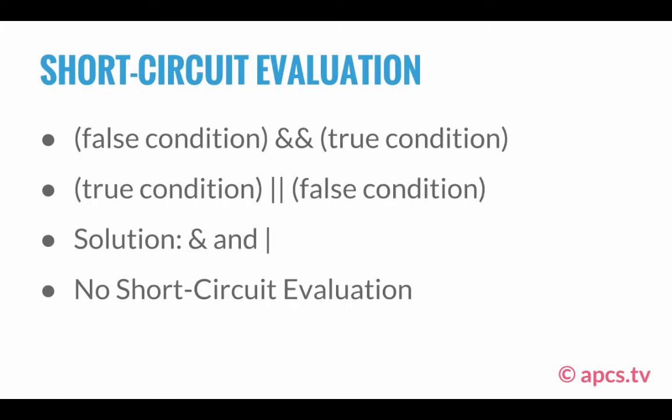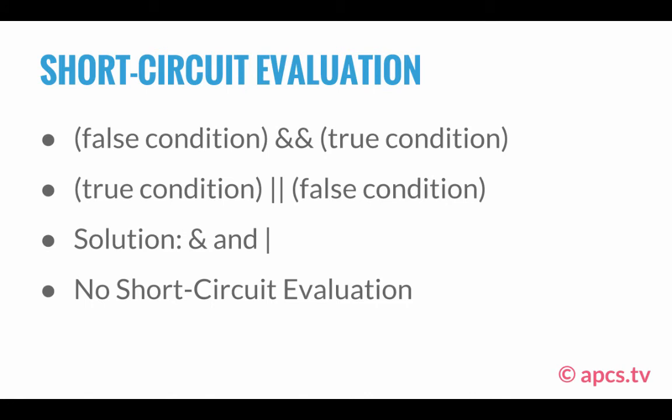The last thing that we'll be going over for this lecture is short circuit evaluation. Let's take an example such as the conditional AND operator, which is two AND signs. What if we have a false condition as the first condition? There are two conditions in a conditional AND operator, and we know that if both of them aren't true, it has to evaluate to false.